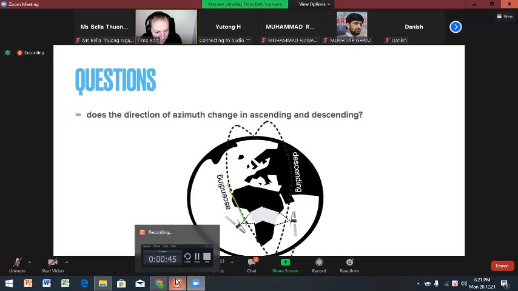And descending, we are going down. Our azimuth direction is something like 190 degrees typically. So yes, the azimuth direction is changing in ascending and descending. Okay, so I hope that's clear enough.